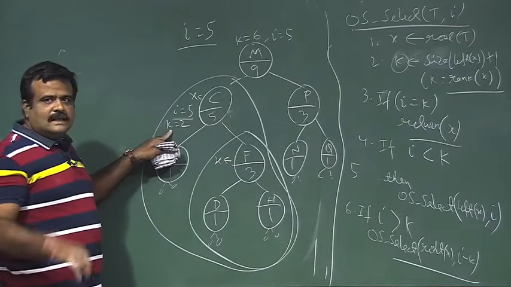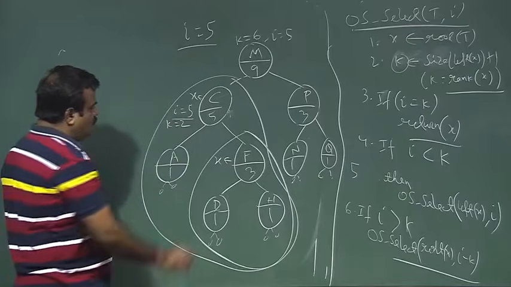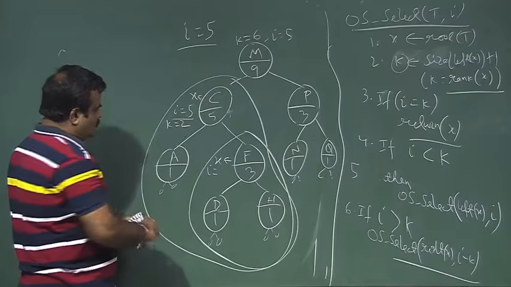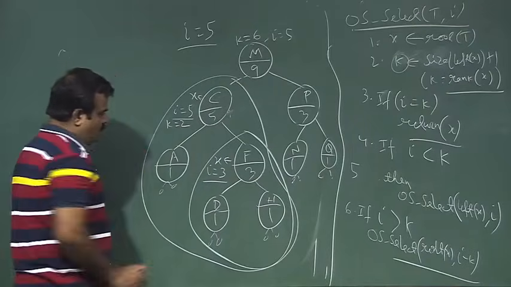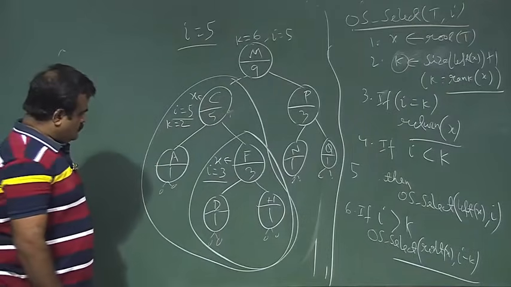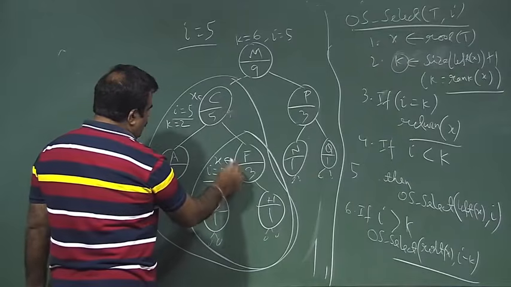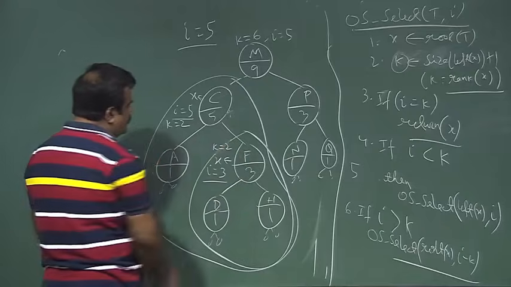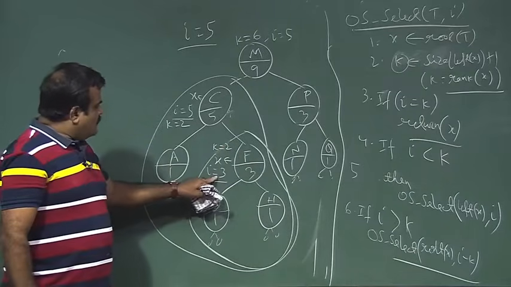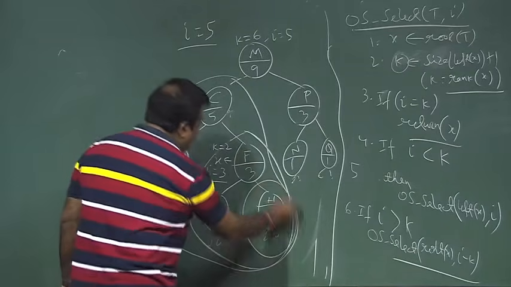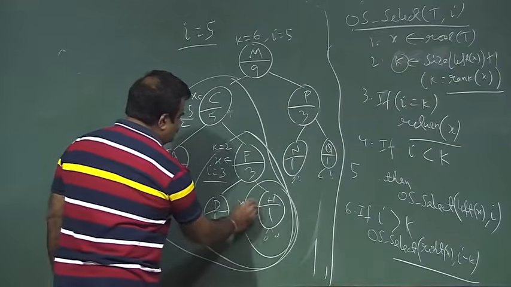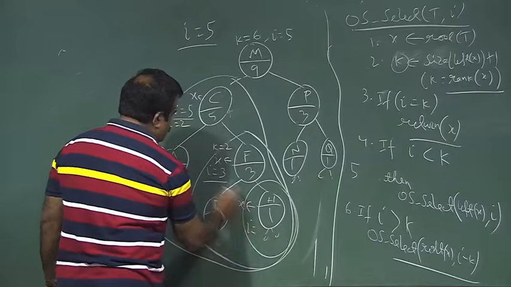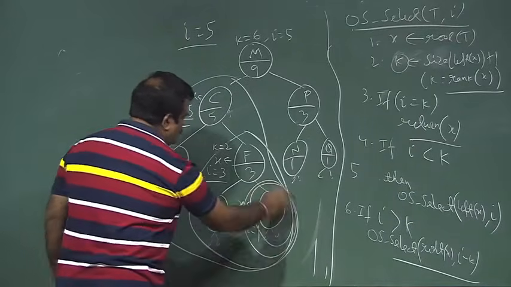So, we go to the right part of the tree, and this is our x, but we have already seen the second smallest. We are looking for the fifth smallest, so now our i is i minus k, the third smallest element in this subtree. What is the rank of this node? The rank of this node is again 2. So, i is greater, so we go to the right part of the tree with this x, but with i value 1.